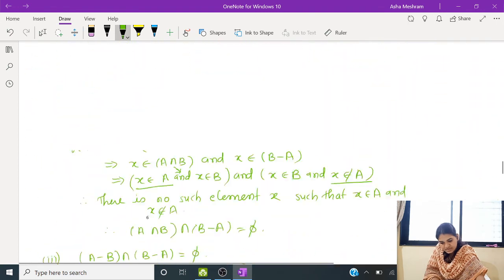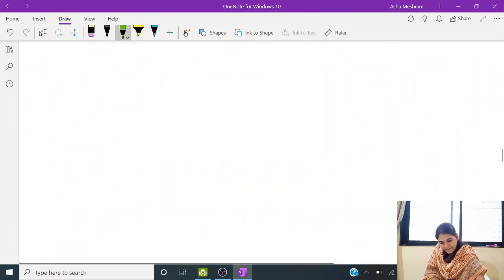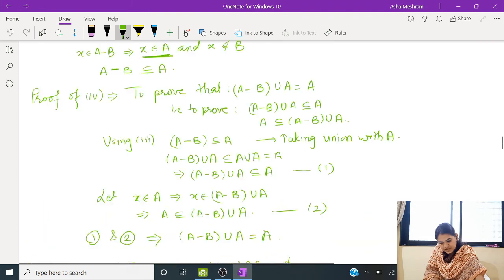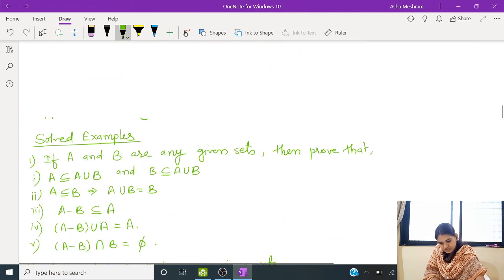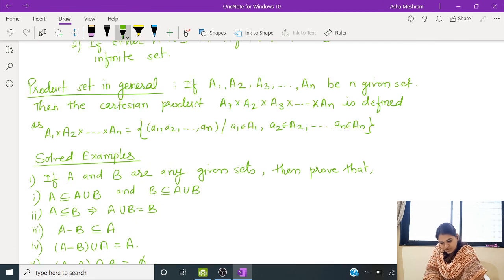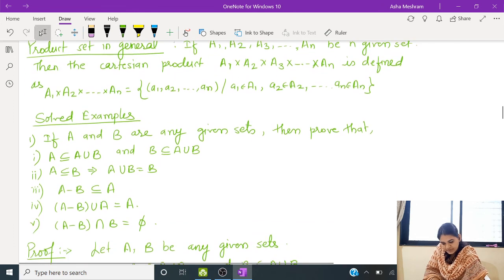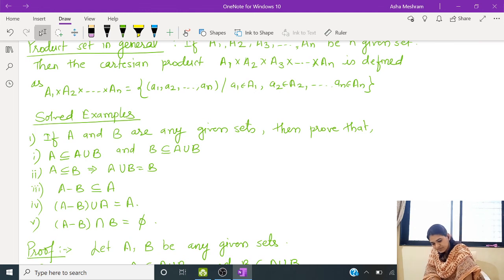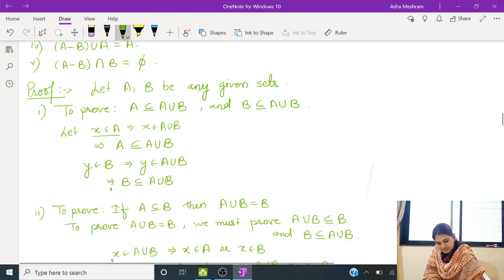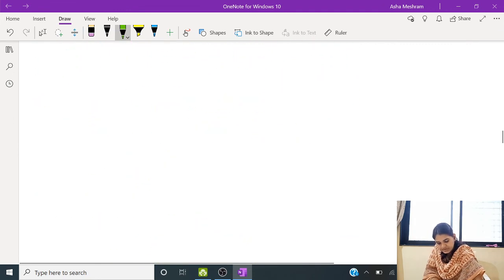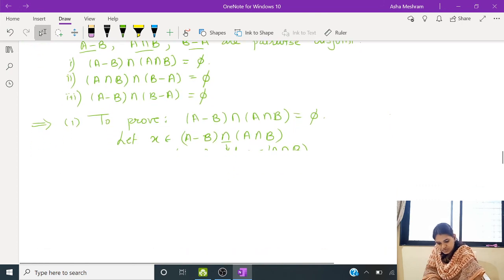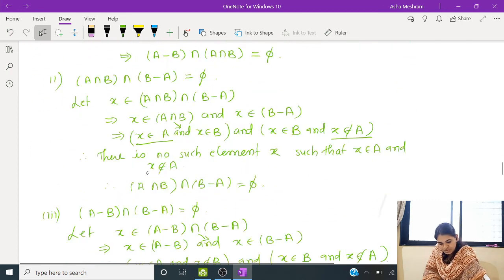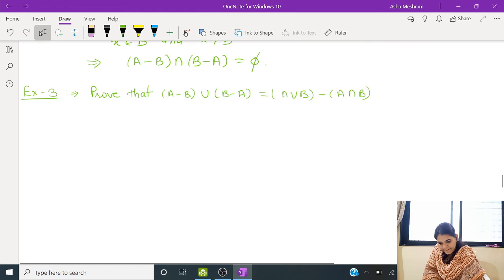So let us just recall. This was the solved example, and we had started from example number 1, then example 2, example 3.